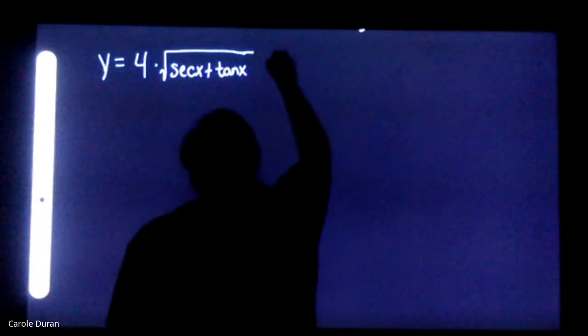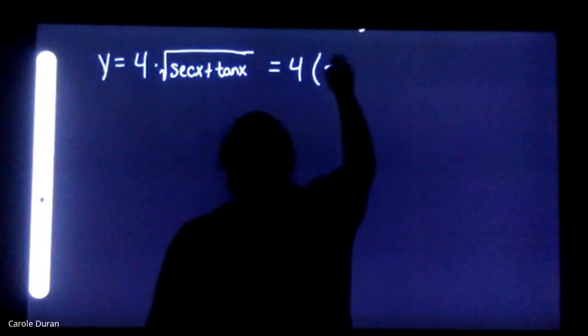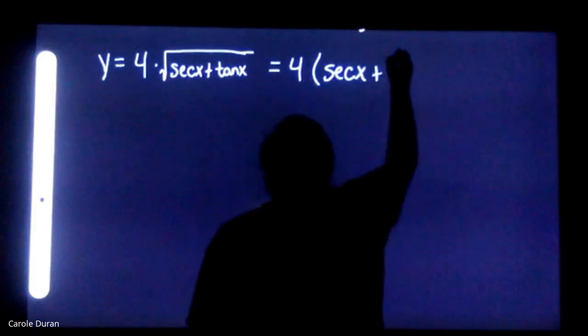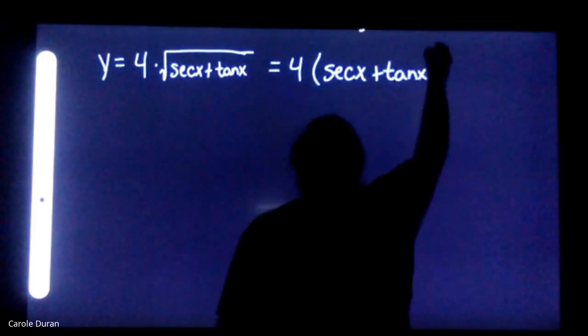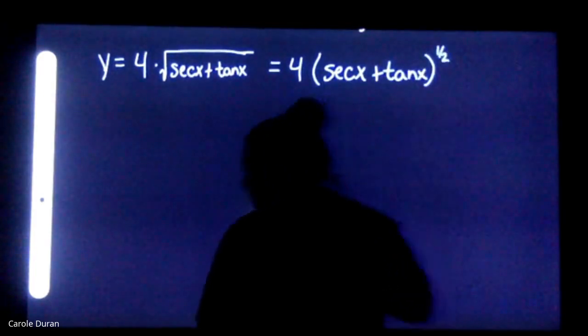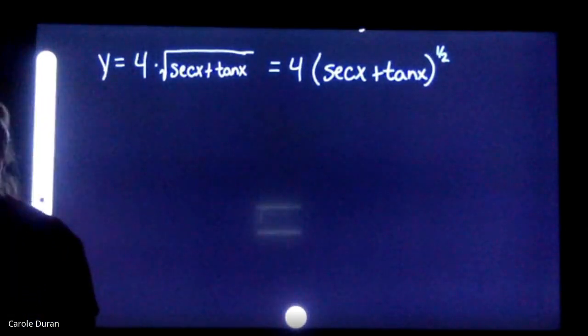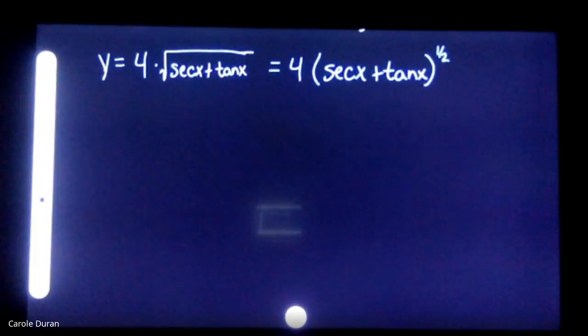So this is the same as 4 times parentheses secant x plus tangent x to the 1/2 power, which makes it a little bit nicer to look at and to work with.